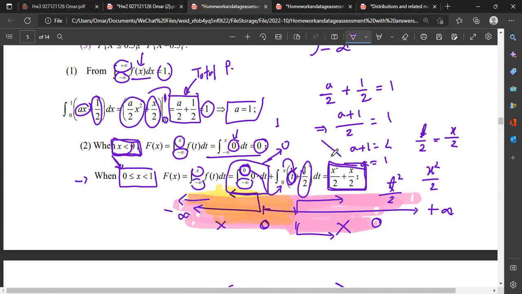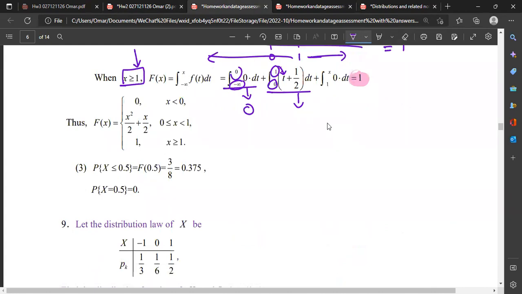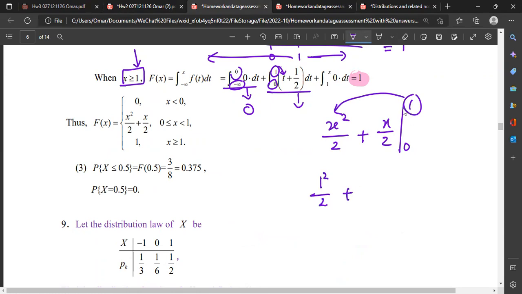Here, x squared by 2 plus x by 2. So if I write it down, x squared by 2 plus x by 2, and then the boundary is from 0 to 1. So we put the upper boundary here. So 1 squared by 2, plus 1 by 2.